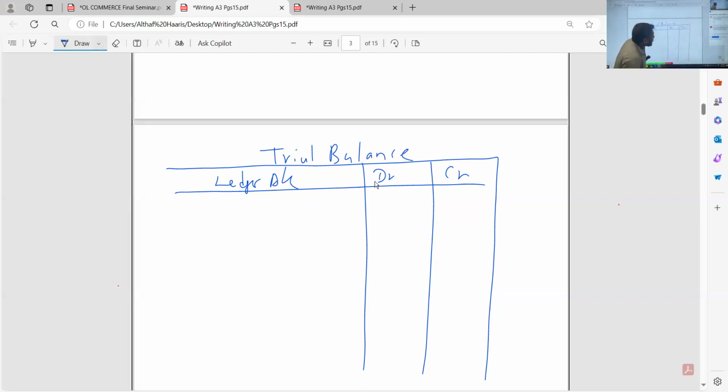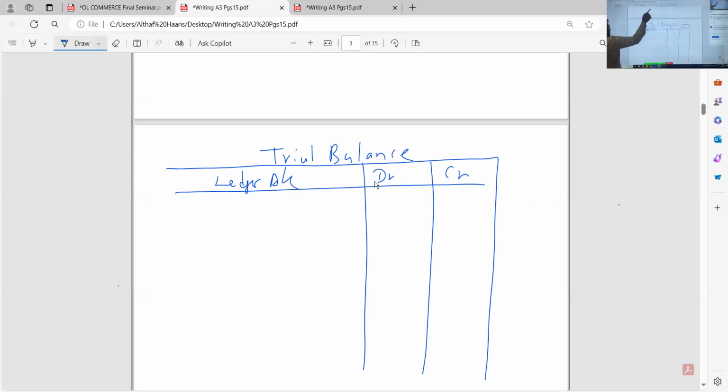So can you tell how to find a suspense account easily? Very simple way. If the total of the trial balance is not matching, there should be a suspense account, Zaharullah. Simple as that. But sometimes there are issues which will lead to the agreement of the trial balance, but that is the easiest way.